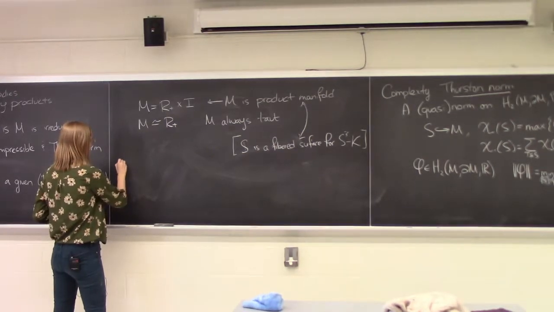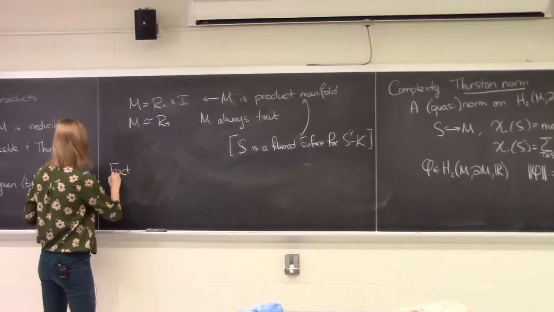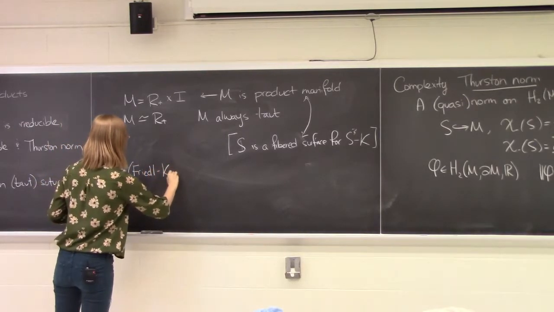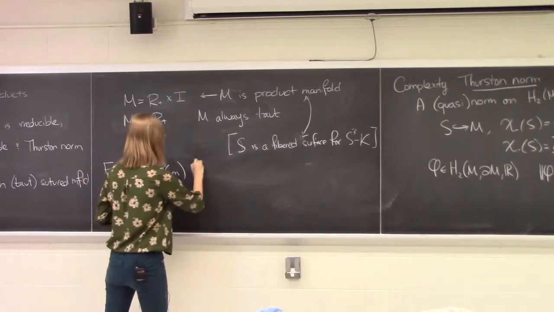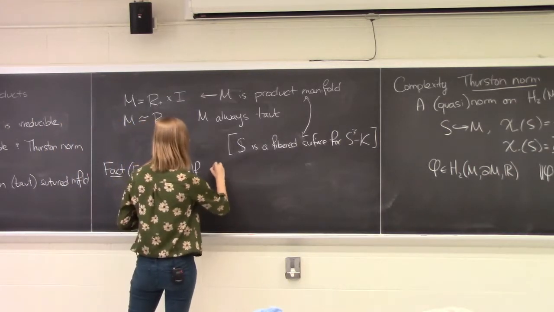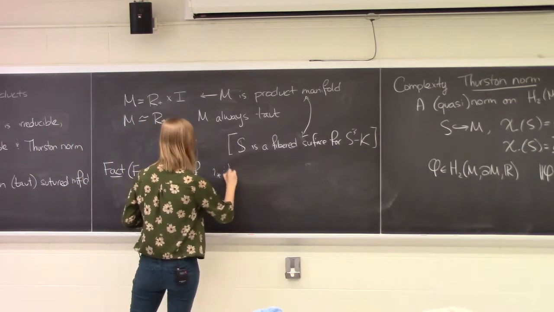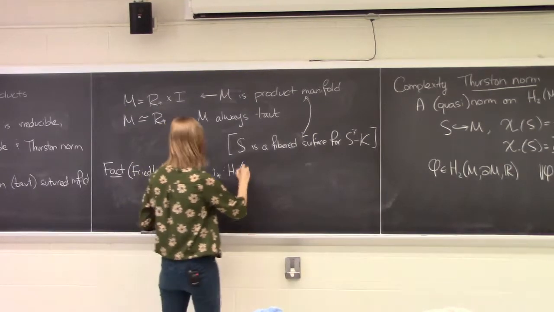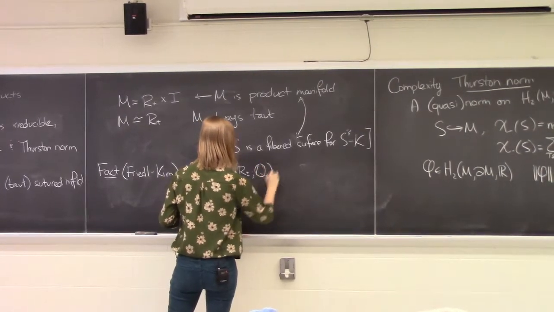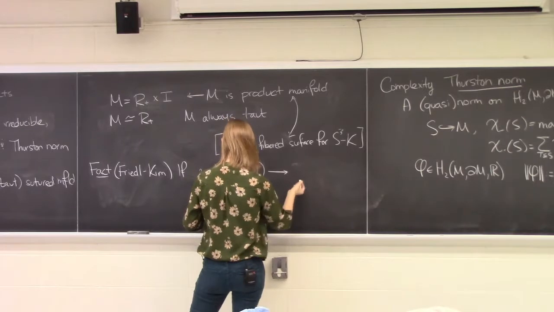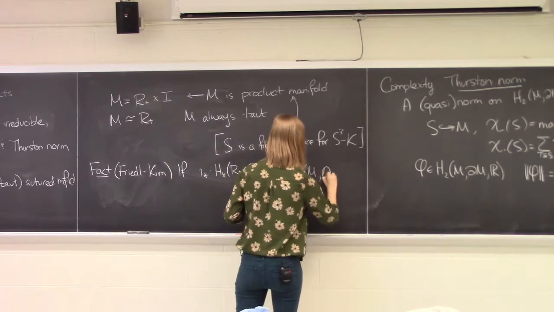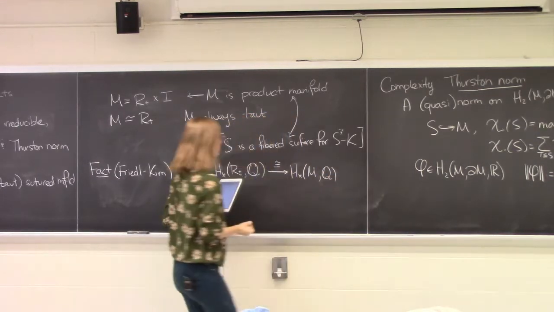So this is a fact which I'll attribute to Friedl and Kim, which is that, well, what does it mean to homologically look like a product? If we look at the map induced on homology by the inclusion of R plus and R minus into our sutured manifold M, this should be an isomorphism.